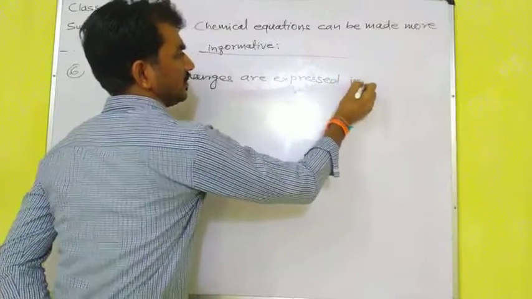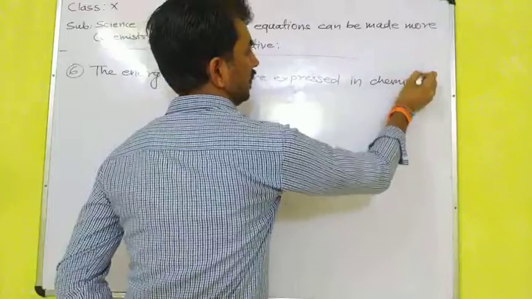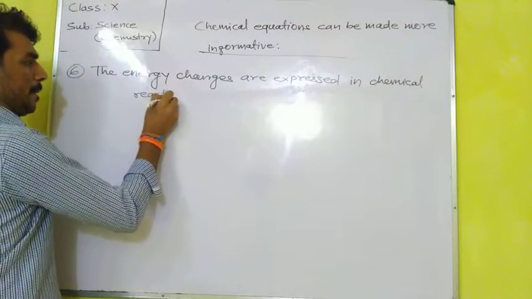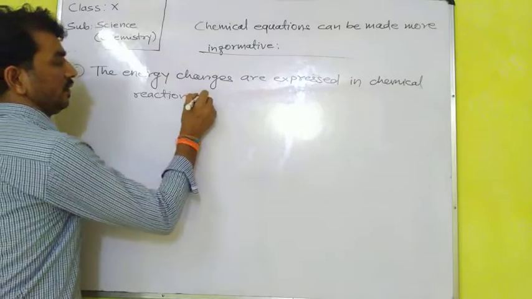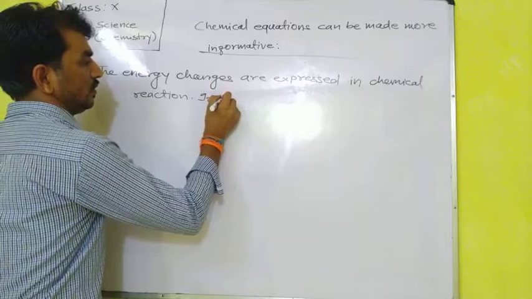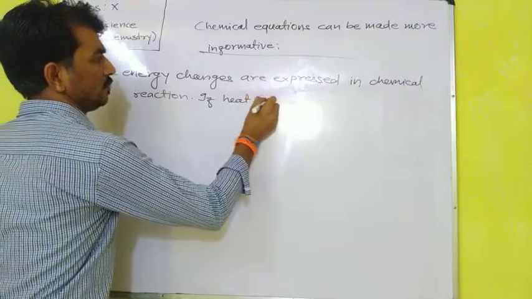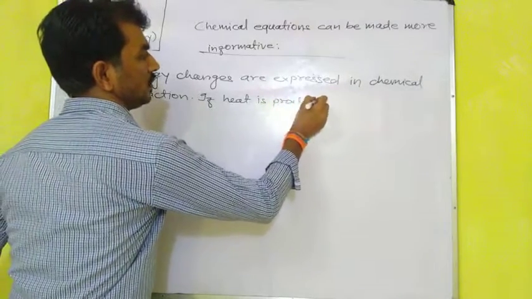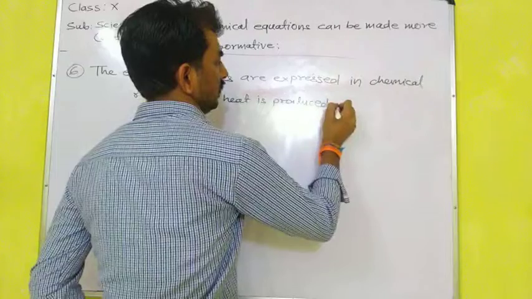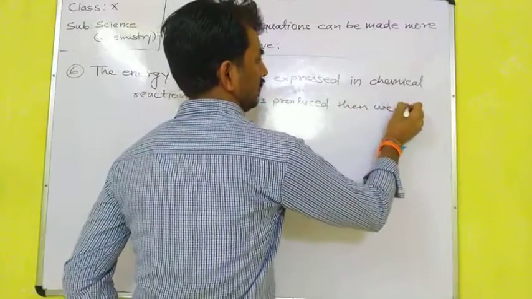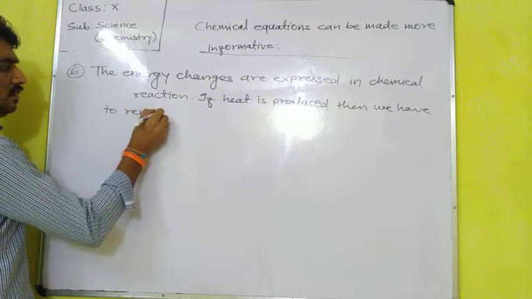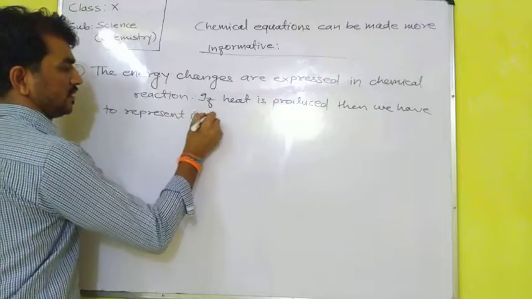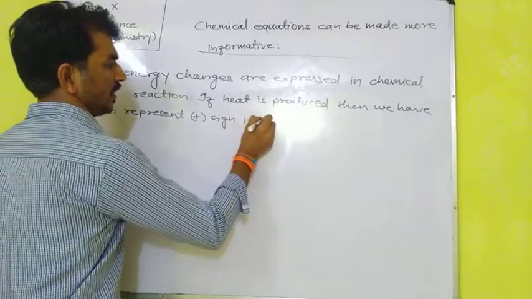If heat is evolved, that is, if heat is produced, then we have to represent a plus sign on the product side.